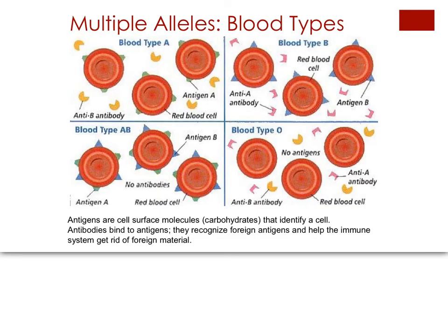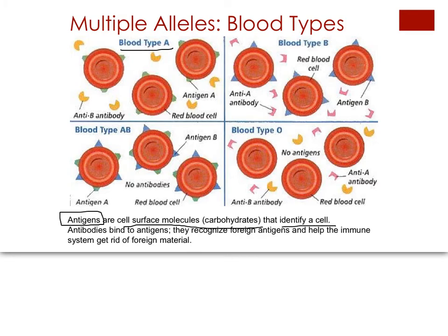So this is just showing you what happens in the body when you have a particular blood type. If you are blood type A, you may know that you can only receive type A blood. You can't receive type B blood or type AB blood. If you are type A, it means that you have certain antigens on the surface of the cell, and these antigens are often carbohydrates, and they identify the cell.